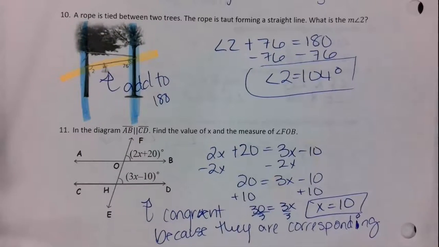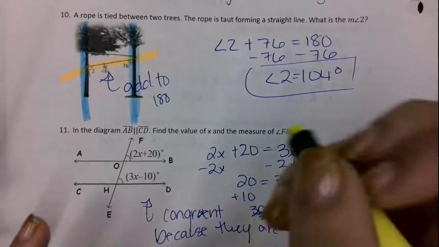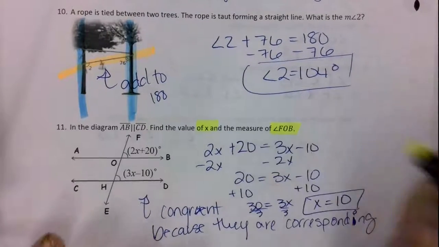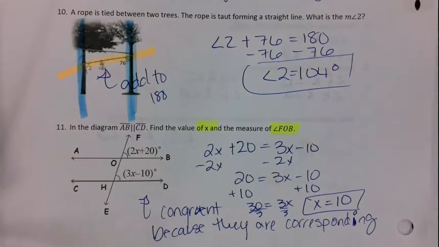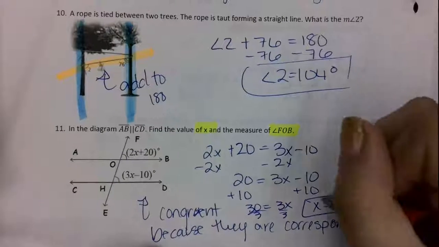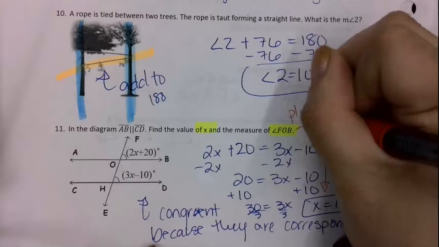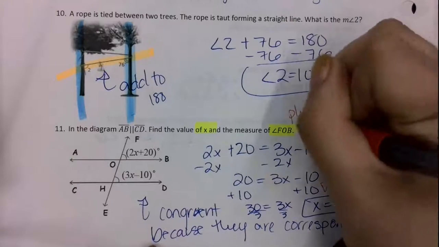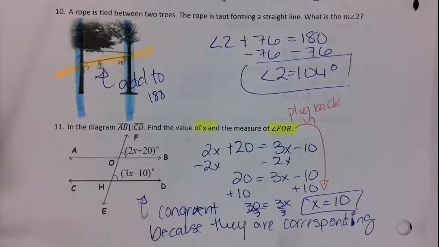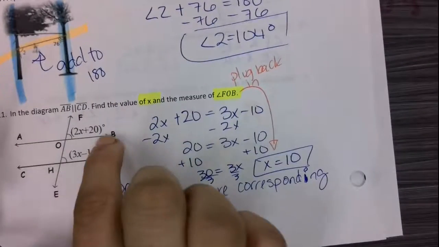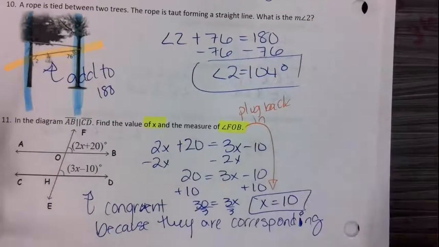Notice, this question asks me 2 things. It asks for the value of x and the measure of FOB. So I have to go and plug back in. Okay. So FOB is the 2x plus 20. Ooh, that's crooked.